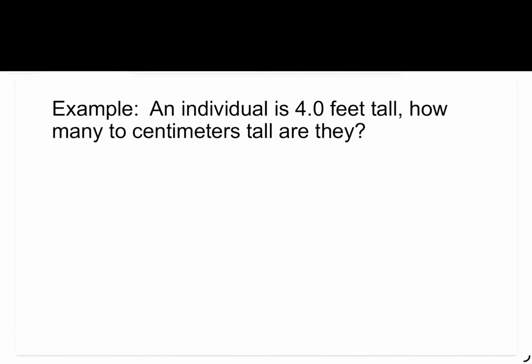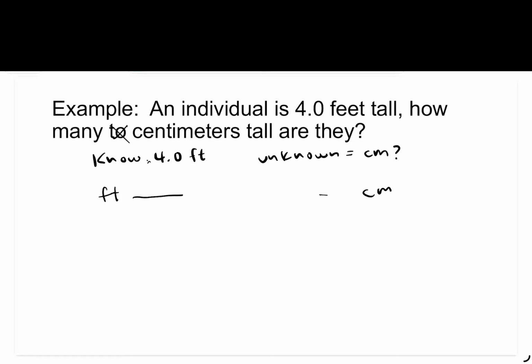In this example, an individual is 4 feet tall. How many, another typo, centimeters tall are they? I'm going to write down what I know. I know 4.0 feet. That is a number with 2 significant figures. And what is unknown is how many centimeters tall are they? So starting with feet, and then I'm going to convert to centimeters.